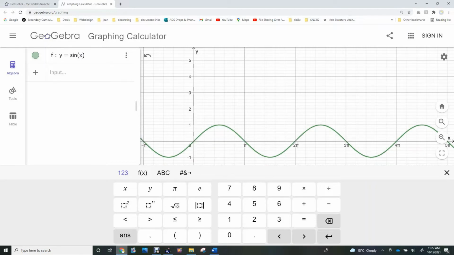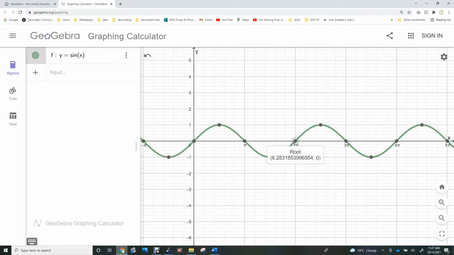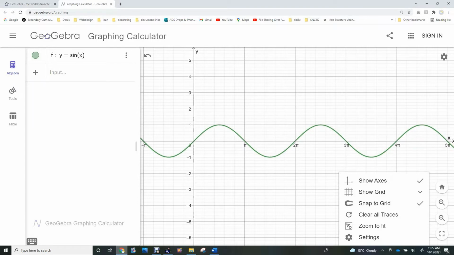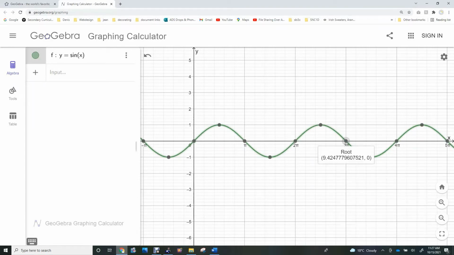Now, if you click on it, it's going to produce dots that show you the starting point, the maximum point, the crossover point, the minimum point, and the ending point of one cycle.